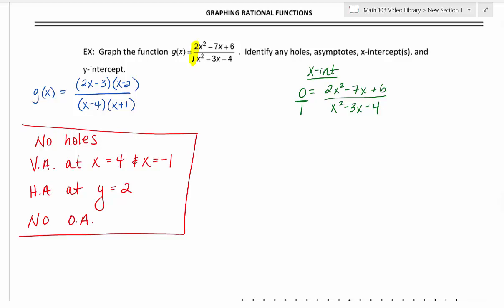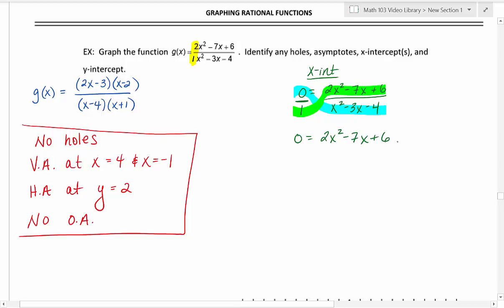I now have a proportion, and we can cross multiply to solve. 0 times the denominator gives us 0, and 1 times the numerator gives us the numerator. We get the equation 0 equals 2x squared minus 7x plus 6. And we solve this equation.